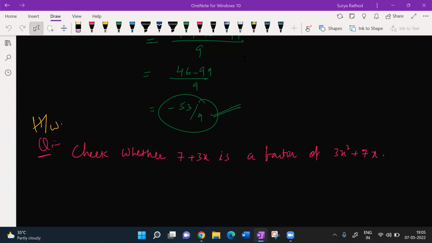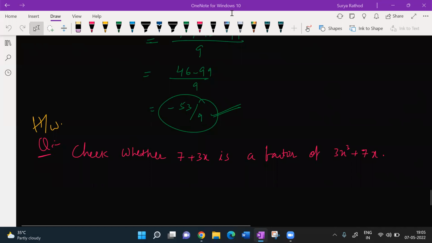See, check whether 7 plus 3x is a factor of that or not. Sir, no, it is not a factor.